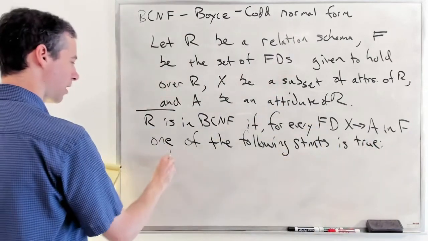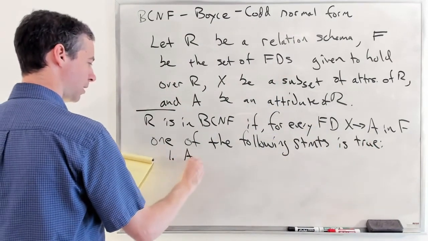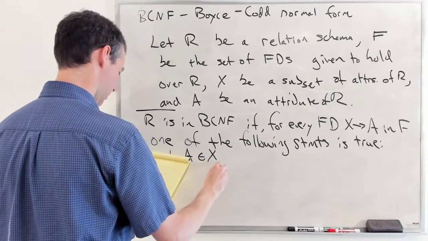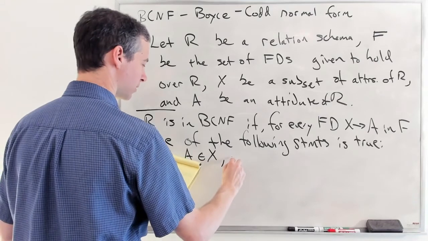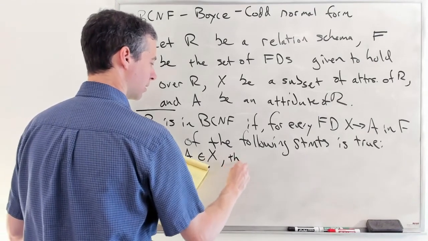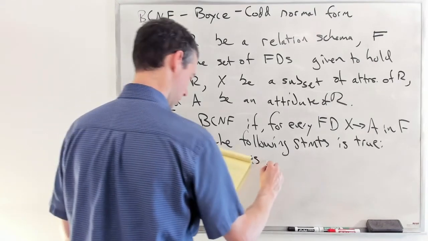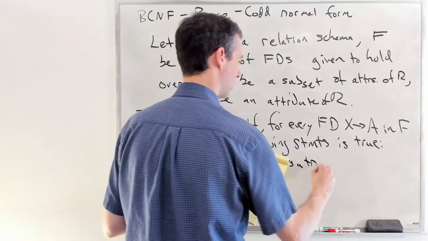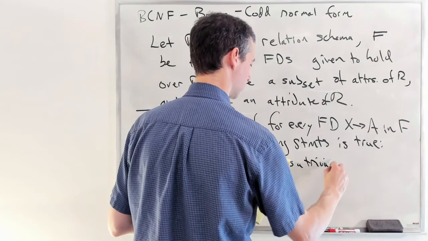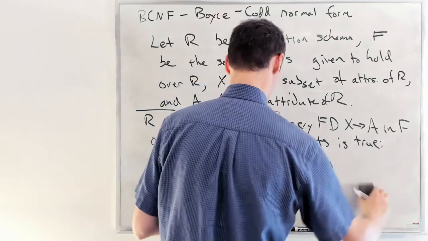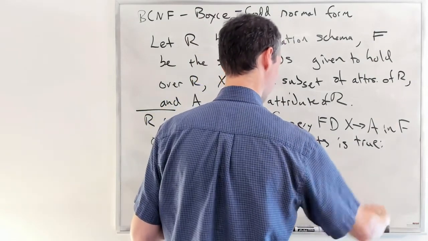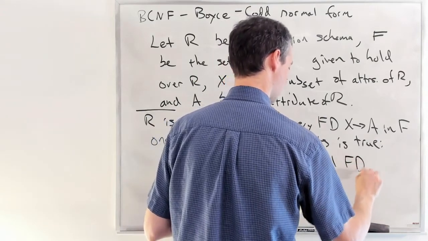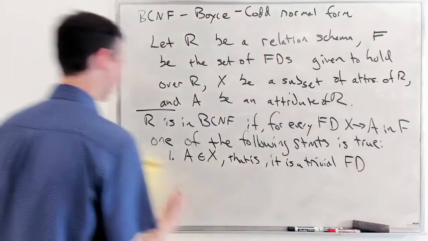So we either have A is an element of X, which basically says that it is a trivial functional dependency.